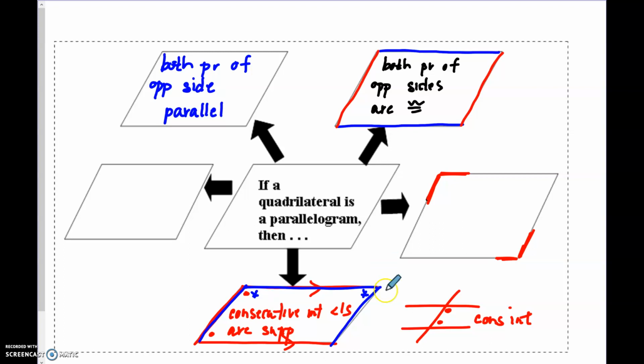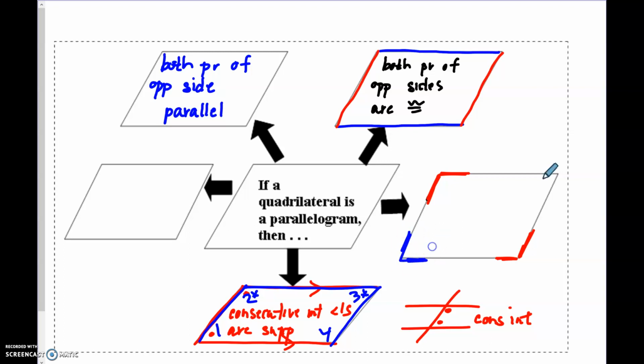Now it also would work if, let's just put numbers in here, 1, 2, 3, and 4. If 1 and 2 are supplementary and 2 and 3 are supplementary, then 1 and 3 are supplementary to the same angle, so 1 and 3 must be congruent. The same thing happens with 2 and 4.